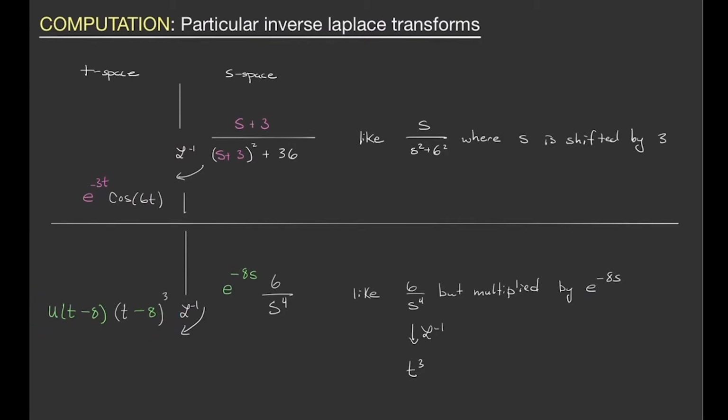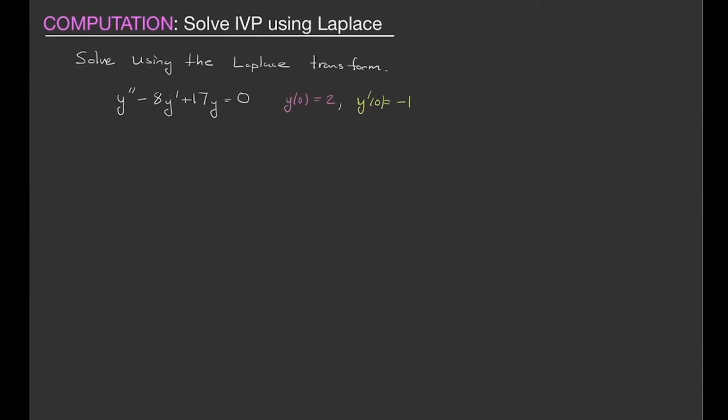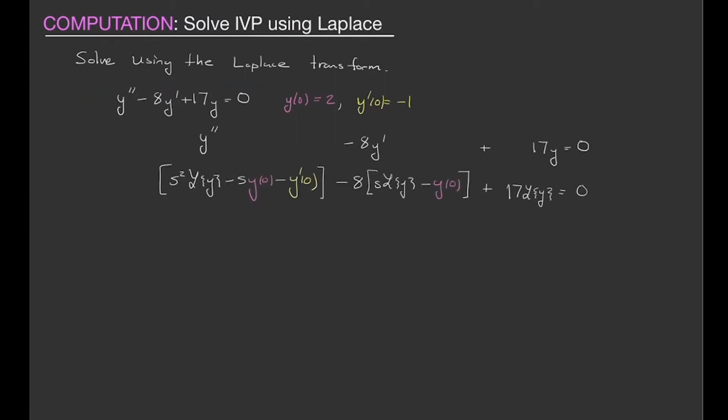Now let's go ahead and actually solve a differential equation through the whole cycle and see how it goes. Say we have this initial value problem. If we apply the Laplace transform to both sides of this, what we get is this here. I've spaced out the differential equation just to make it easier to line up with the Laplace transforms.